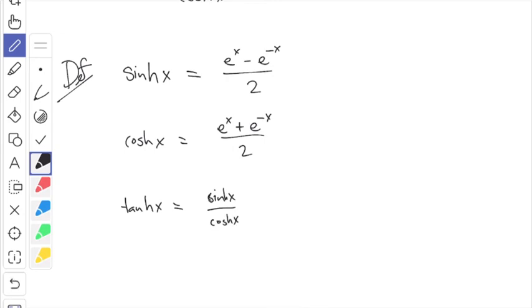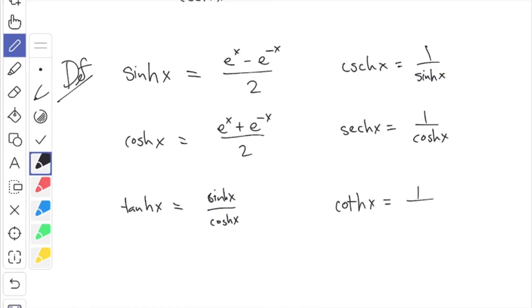We mostly are going to try to understand sinch and cosh, and then all the other ones are related to them. So there's also cosech, which is 1 over sinch. There's sech, which is 1 over cosh. And there's cotanch, which is 1 over tanch, which of course is also cosh over sinch.